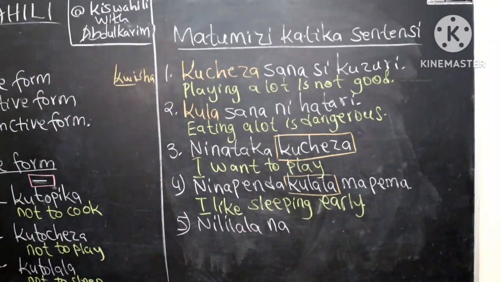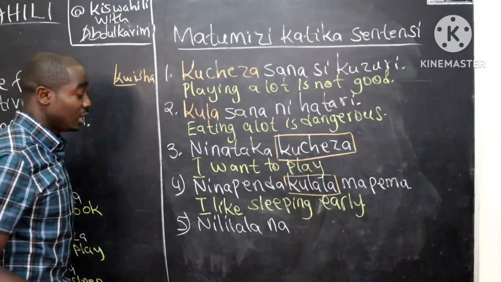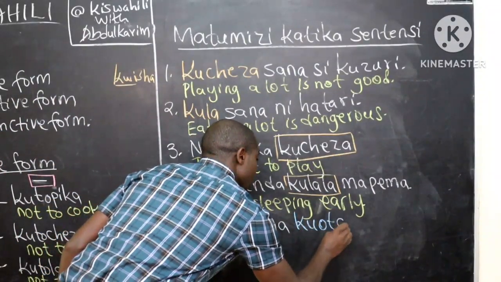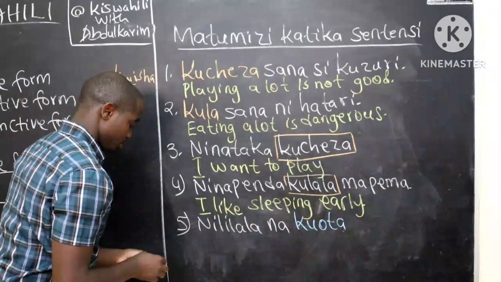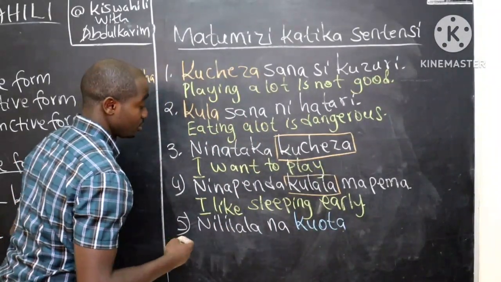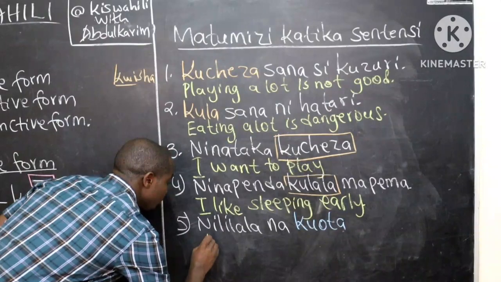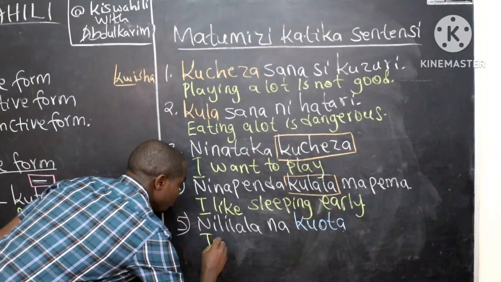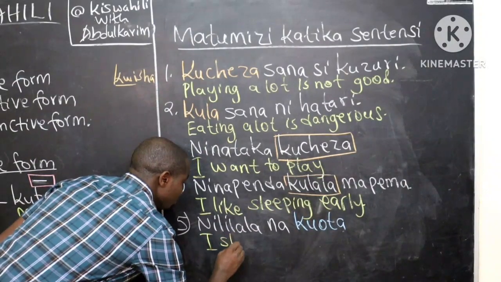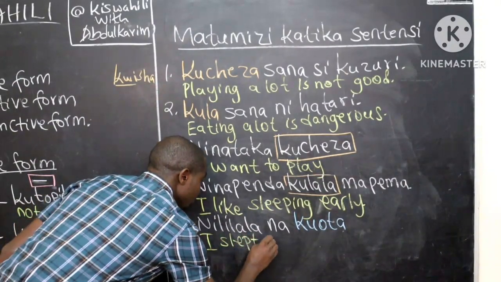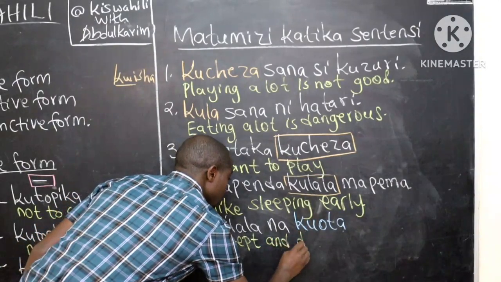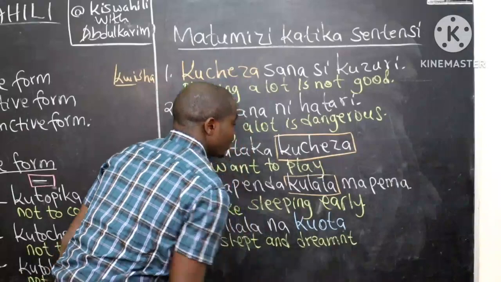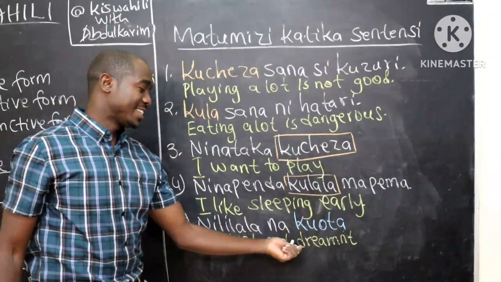Nililala na kufanya nini? Nililala na kuota. I don't know if this is the past tense of dream.